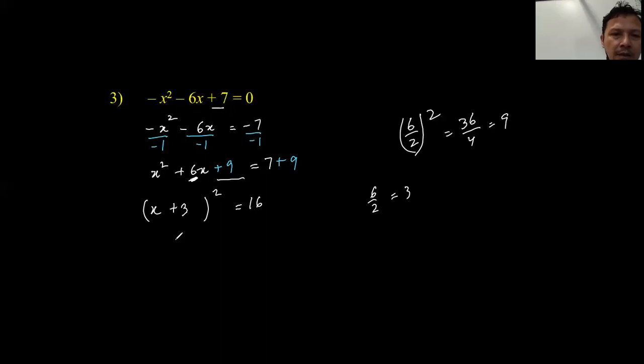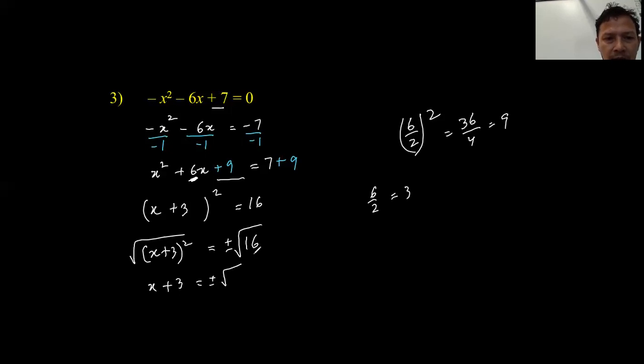Now after this, the square root of (x plus 3) all squared equals positive or negative square root of 16. So here you have x plus 3 equals positive or negative root 16, and then take away 3 from both sides, so x equals minus 3 plus or minus root 16.